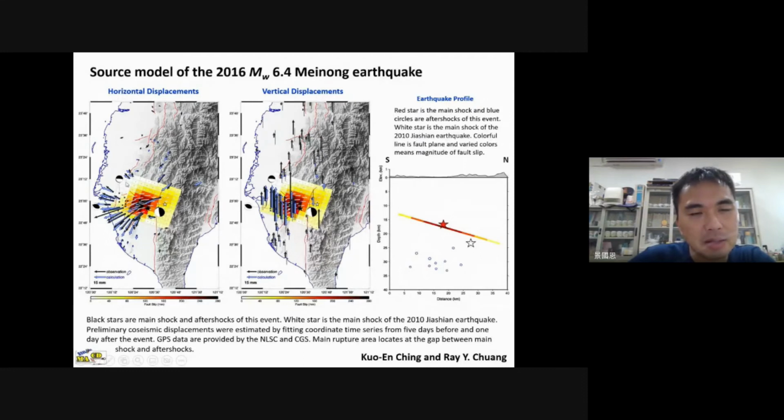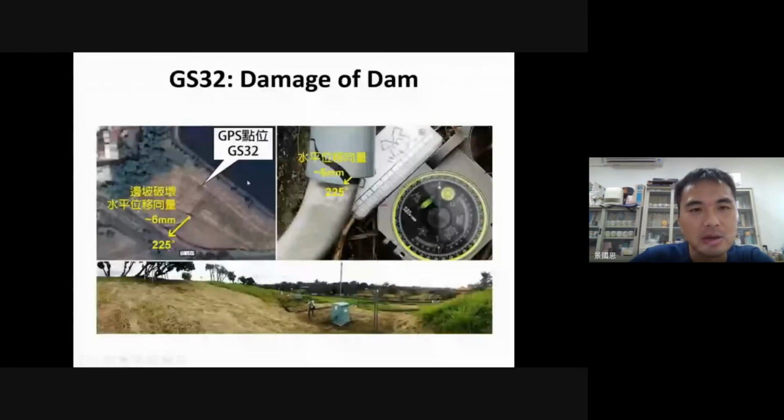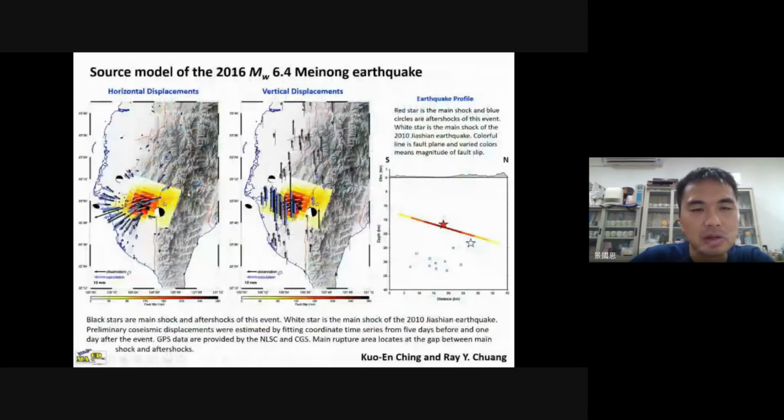Based on the modeling result using this dislocation model, we could match the calculation and the observation over here.